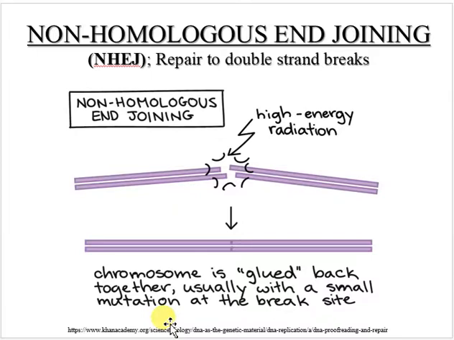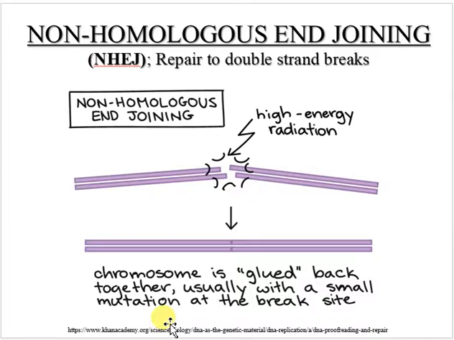Now, there are two steps, again, for those repair systems for your double-stranded DNA breaks. As I said, your non-homologous and your homologous recombination pathways. So in non-homologous end joining, the two broken ends of the chromosome are simply glued back together. This mechanism is pretty messy and typically involves the loss or sometimes addition of a few nucleotides at that cut site.